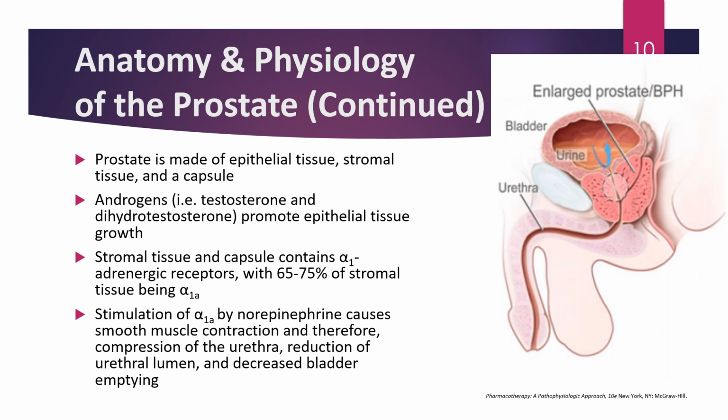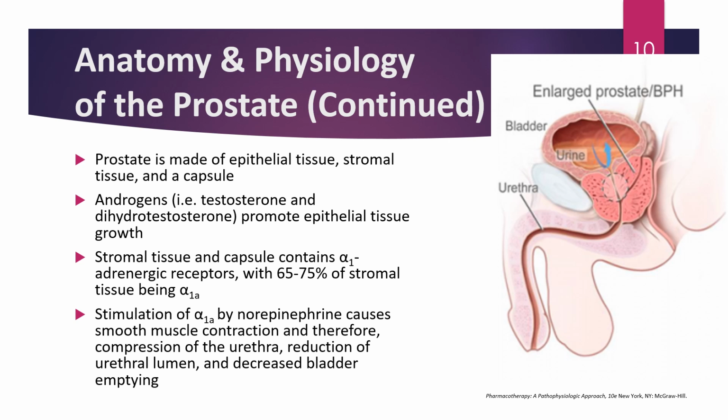The stromal tissue and capsule actually contain alpha-1 adrenergic receptors, with about 65 to 75% of the stromal tissue being alpha-1A receptor specifically. And if you remember your alpha receptors, there are about 7 different types of alpha receptors, alpha-1A being one of them.